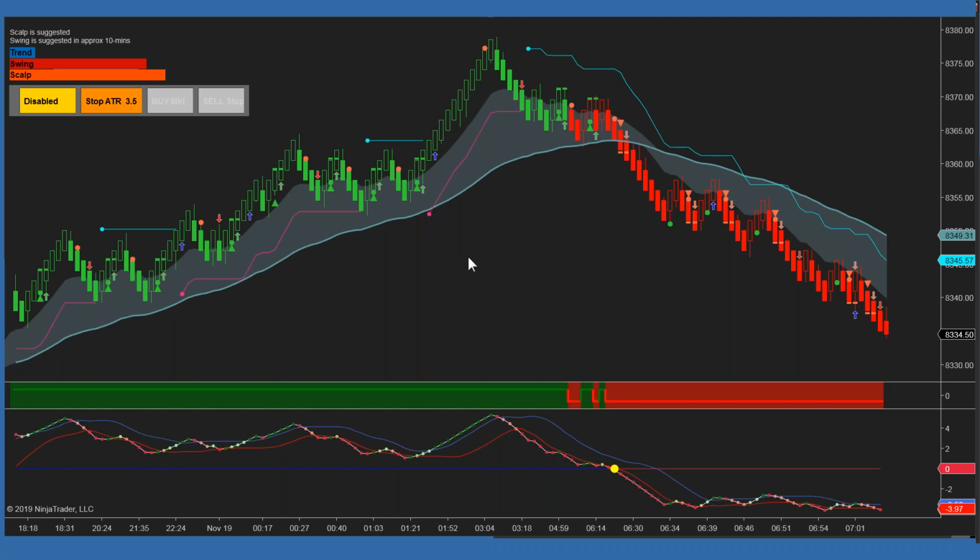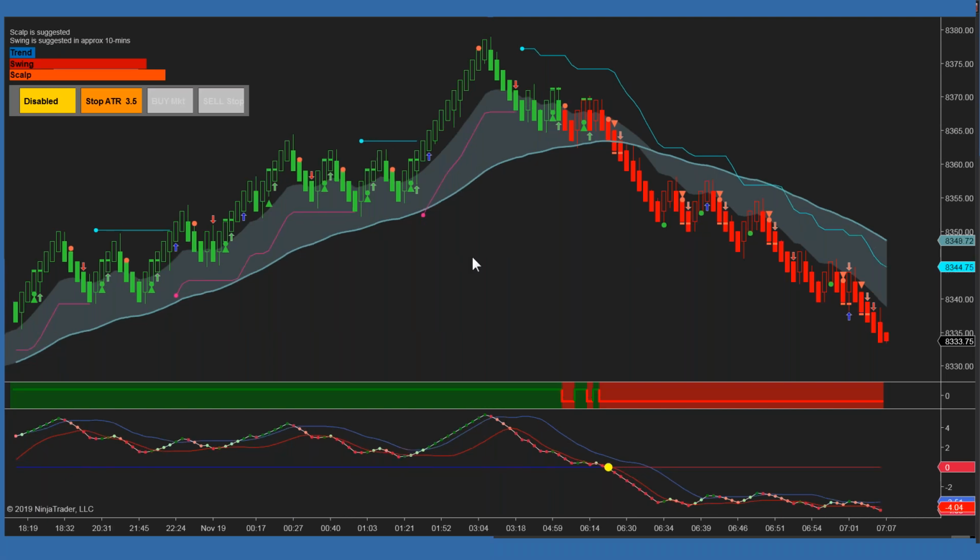ATR stands for average true range. It was originally an entry system, but you can use it as a stop loss as well.